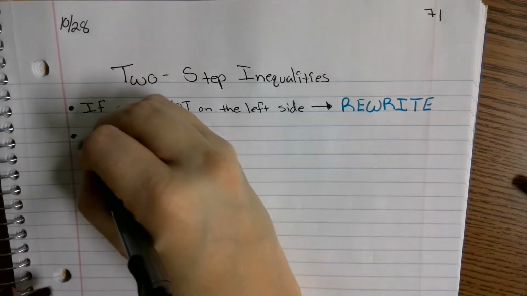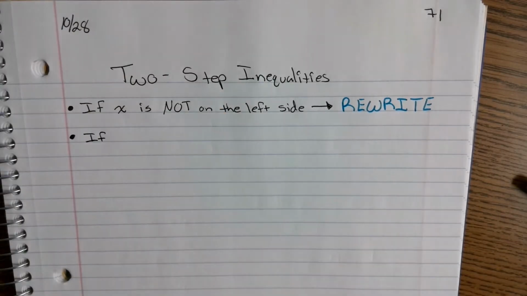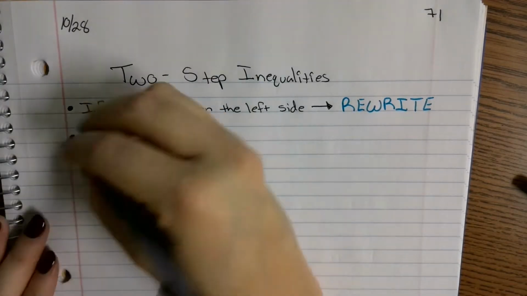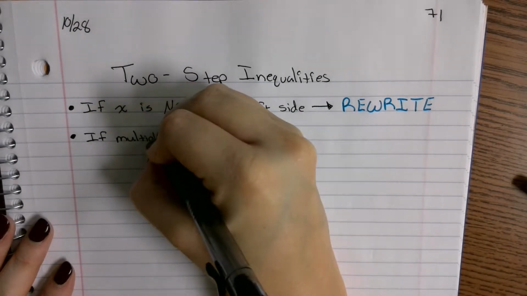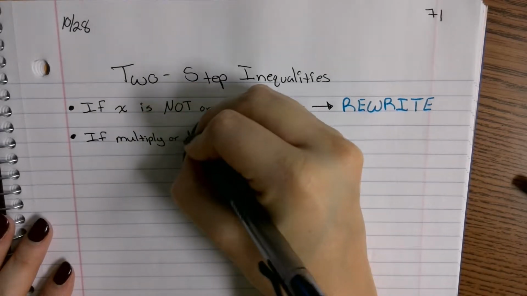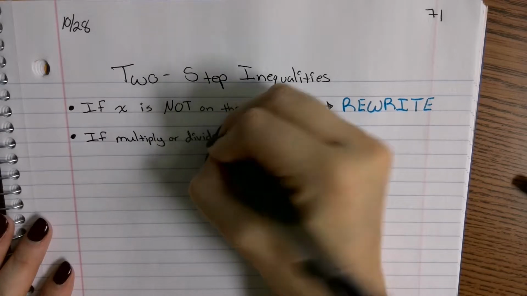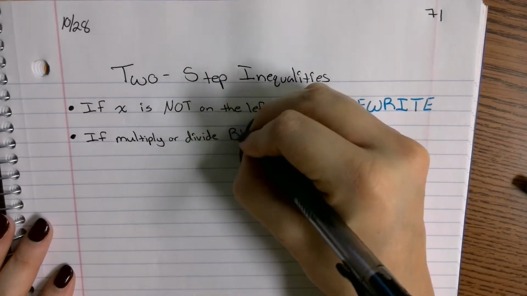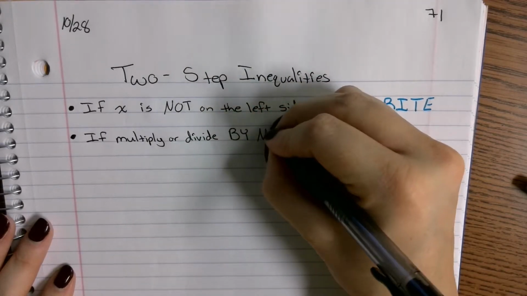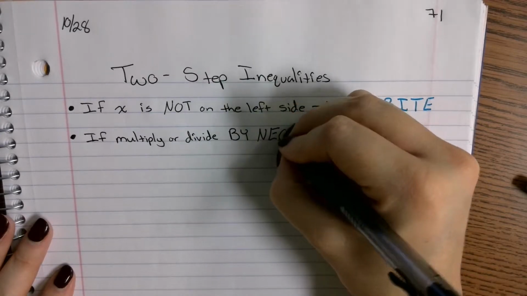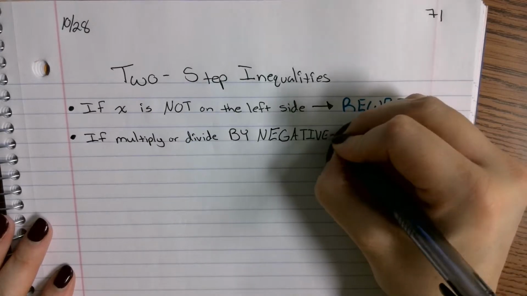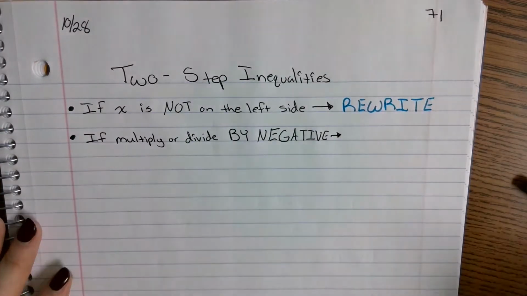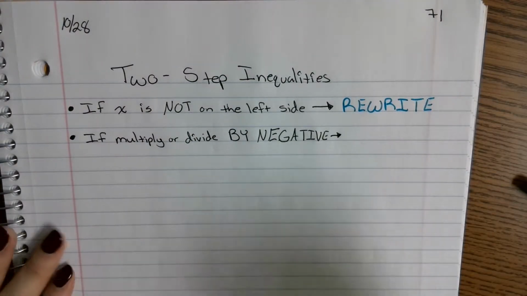Second thing was a new rule that we learned. If you are going to multiply or divide by a negative, what happens? Keep going.